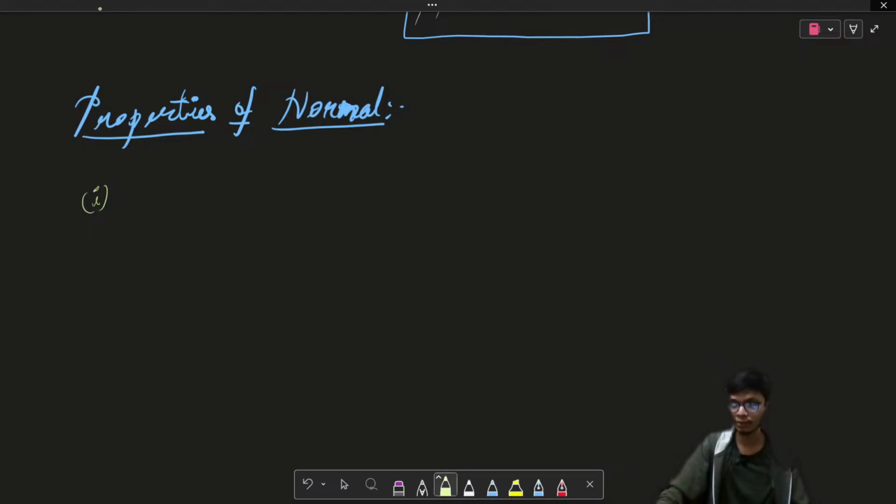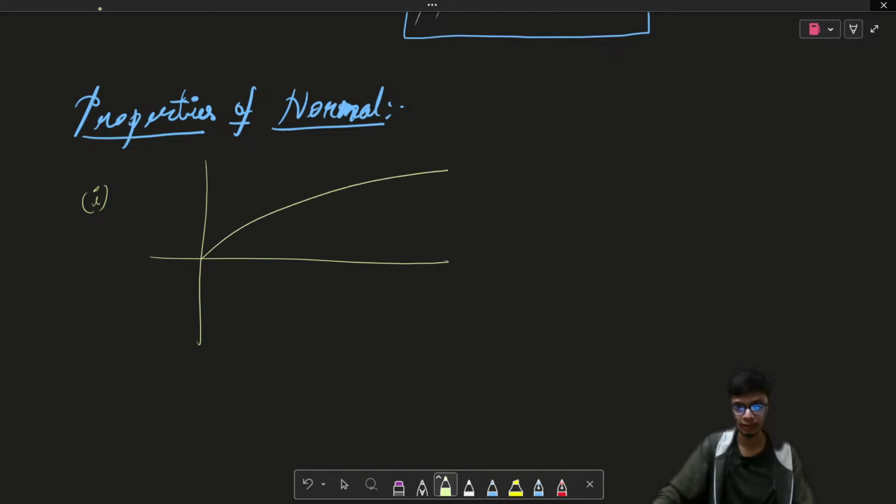Okay, so what I'm trying to say is that if I draw a normal to a given parabola, at any point, a normal other than the axis of the parabola will never pass through the focus. So if the axis is my normal, other than the axis, no normal will pass through the focus of the parabola.